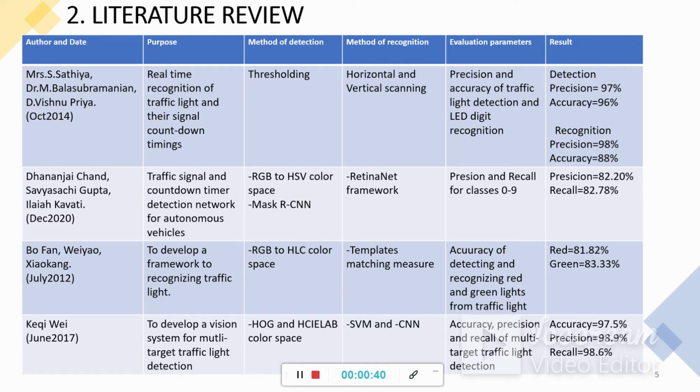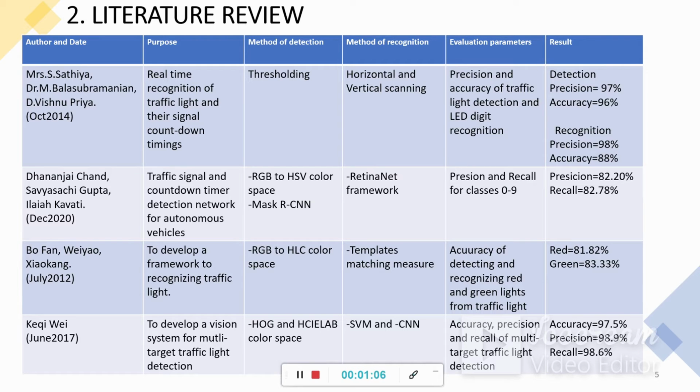As a result, detection and recognition have been calculated separately. Precision and accuracy for detection are 97 and 96 respectively, while they are 98 and 88 for recognition.